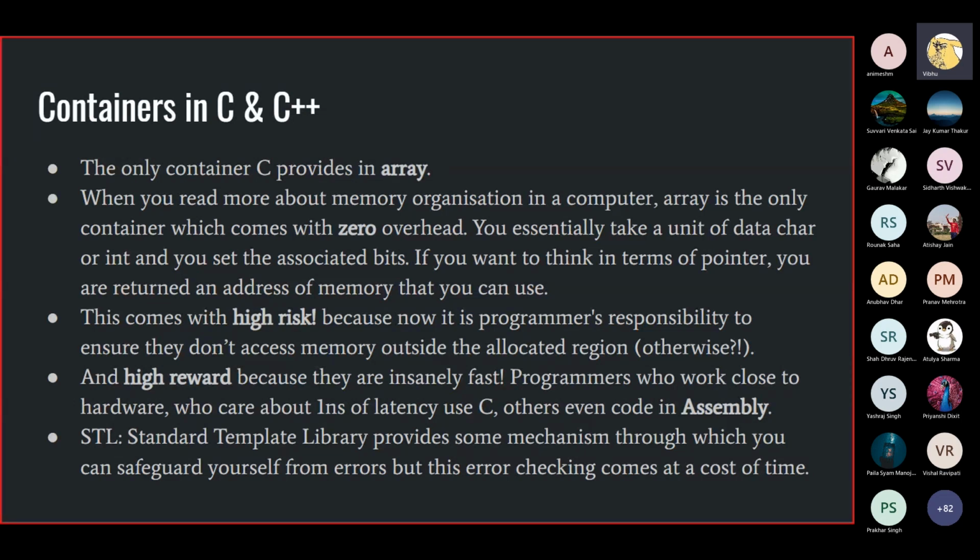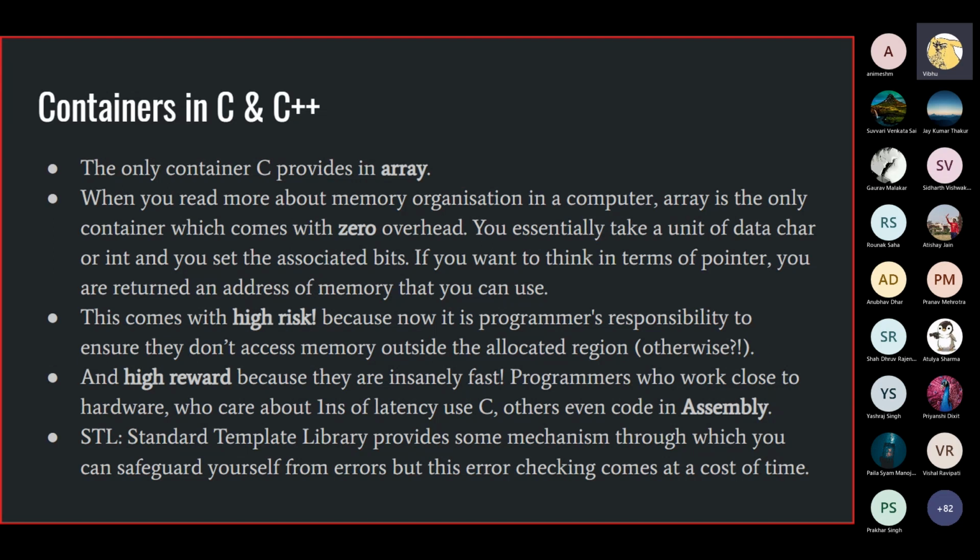So going forward in your fifth and sixth semester, you'll read more about memory organization, like how memory is organized in a computer, and you'll see that array is the only container which comes with zero overhead. When you are setting a value in an array, index 0, 1, 2, 3, you are essentially just taking that associated set of bits and setting it based on whatever data you have.